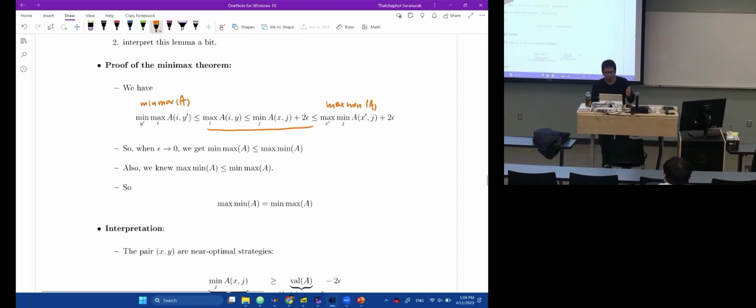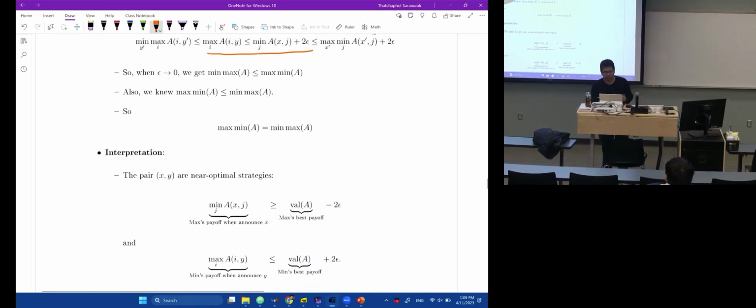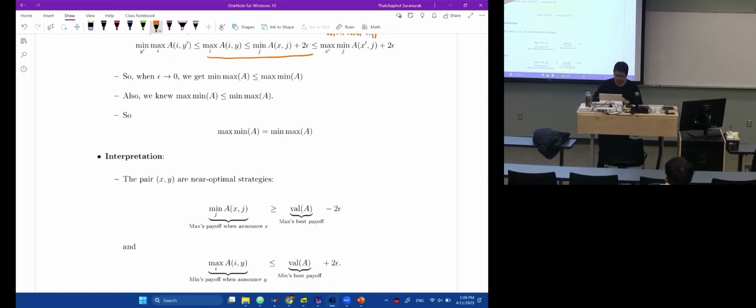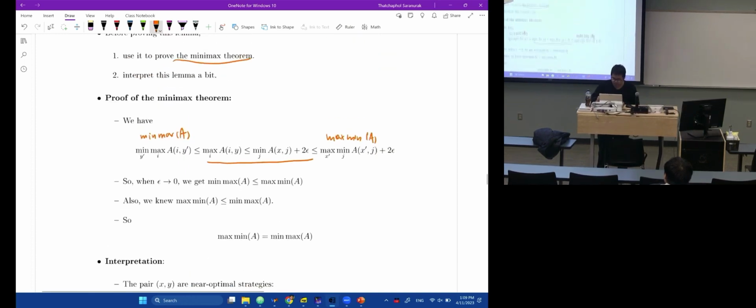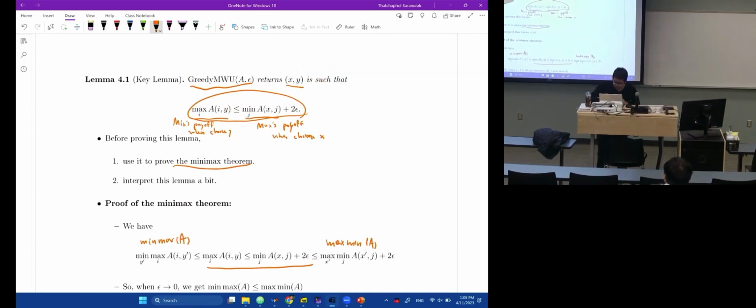And now the interpretation of this thing is that, okay, we know this thing is the best payoff of max when he announces x. But maybe I write it down like this.